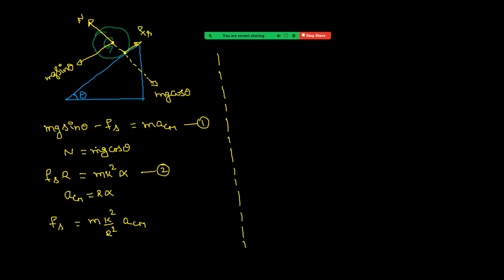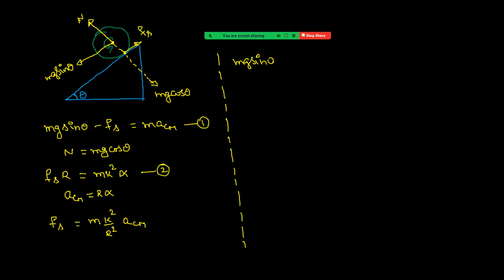We have two unknowns, Fs and a_CM, and two equations. Now substitute this value of static friction in equation 1.